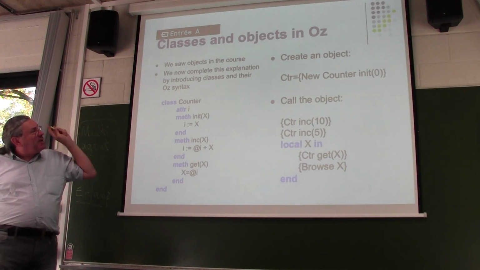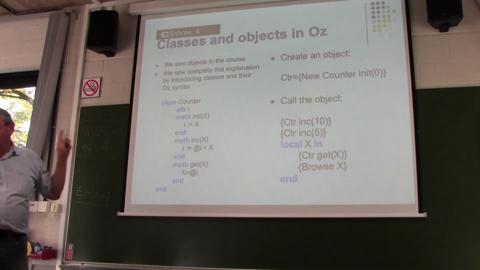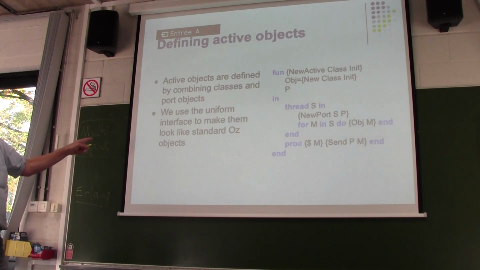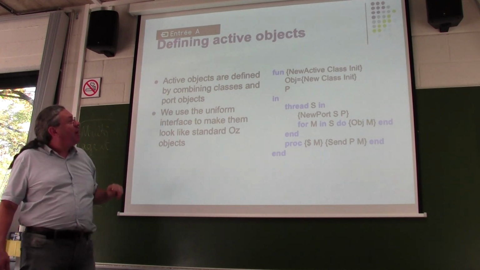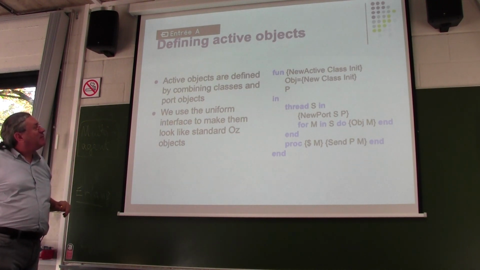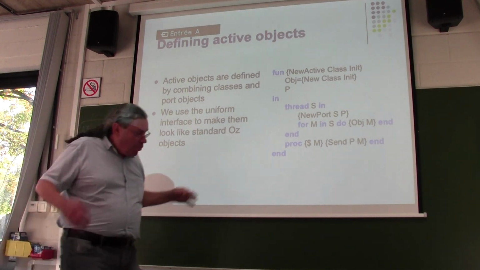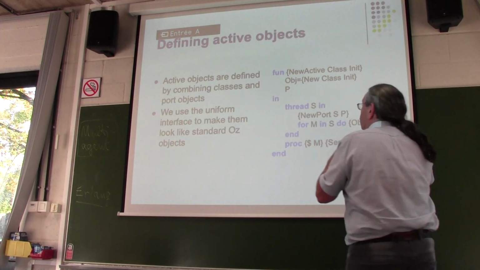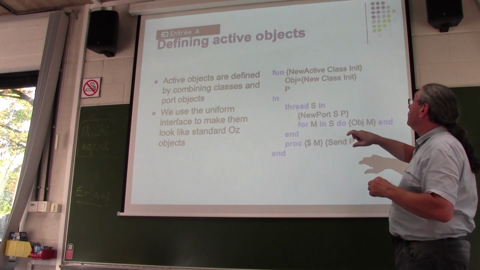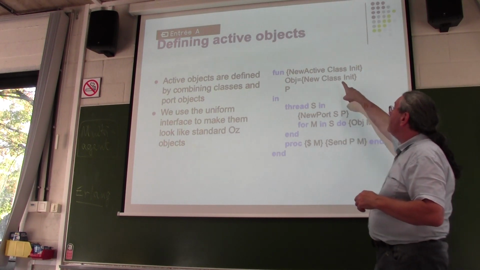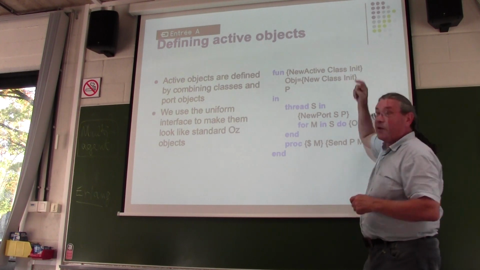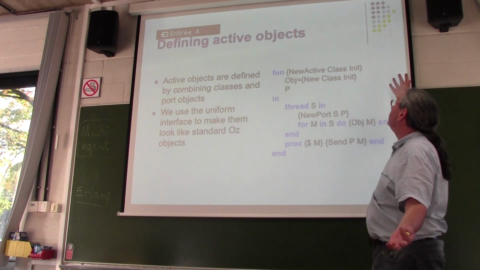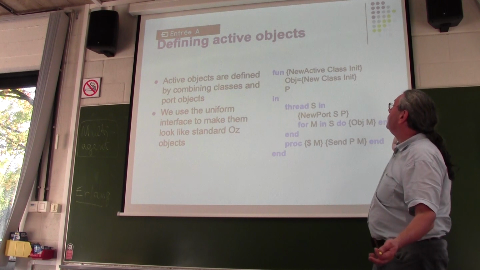But now we're going to make this concurrent. We're going to make this a port object, and we're going to combine classes and port objects. So how do we do that? Well, we define a new abstraction. We take the new port object, and instead of having a state transition function, we actually give it a class as argument, and an init method.